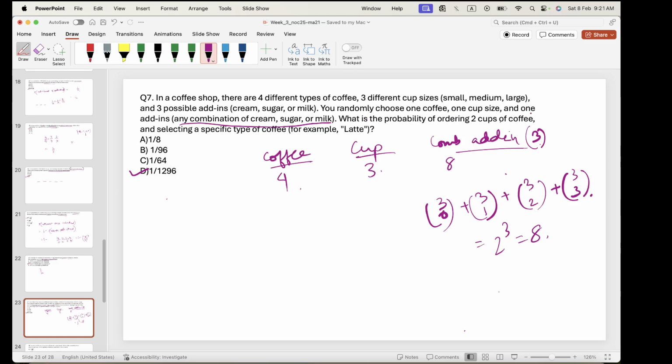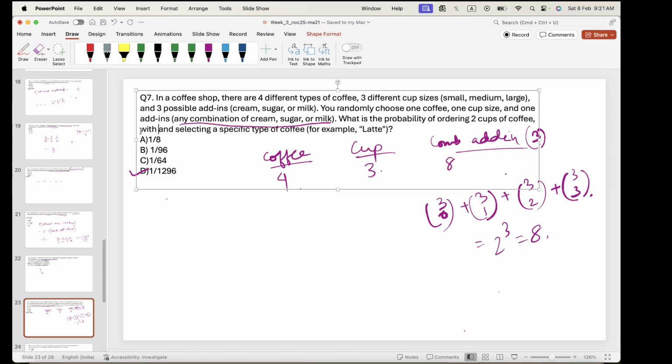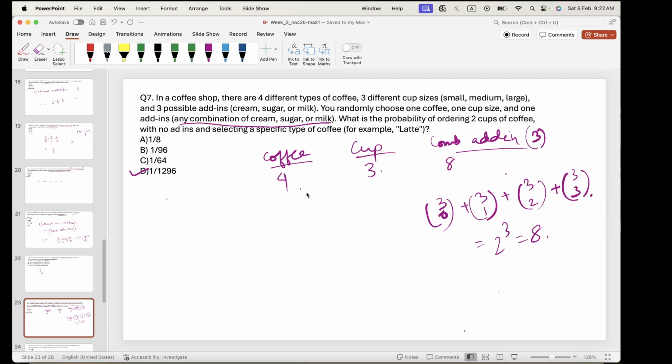You randomly choose one coffee, and what is the probability of 2 cups of coffee? The initial question was with no add-ins and selecting a particular type of coffee. So here I have all possible choices for one cup: 1 out of 4 into 3 into 8 types of coffee combos that I could have.